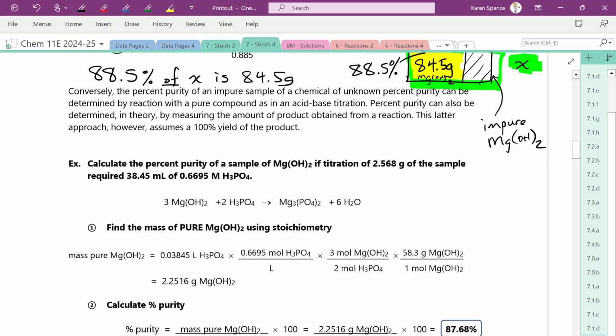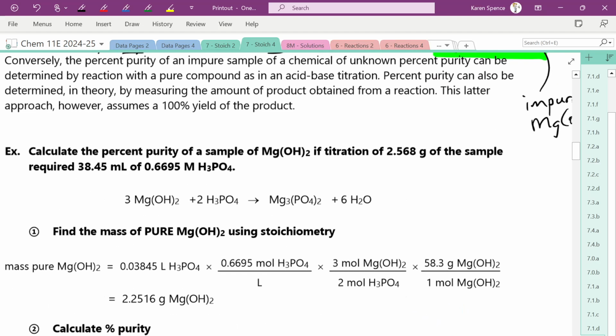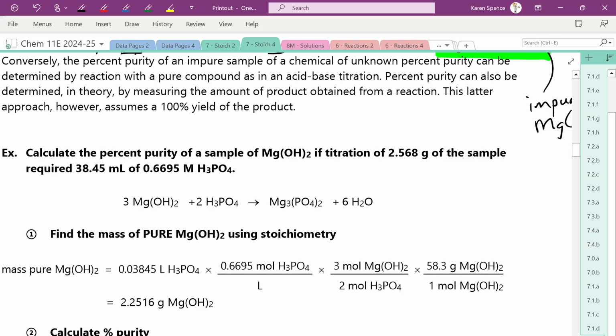Okay, lastly but not leastly, here we have another example. Calculate the percent purity of a sample of MgOH2 if a titration of a 2.568 gram sample, and I should make that green because that's our impure, required 38.45 milliliters of 0.6695 molar H3PO4.